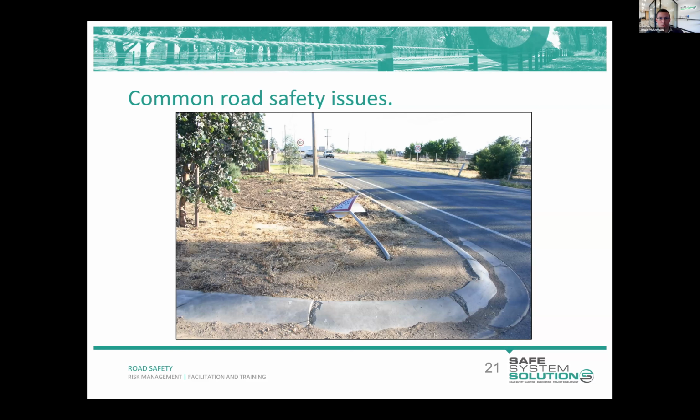Again, it can be an issue that there isn't enough space. There could be other things at play. Here you can see some evidence of vehicles tracking over the curb, some curb breaks. So it certainly could be an issue here.